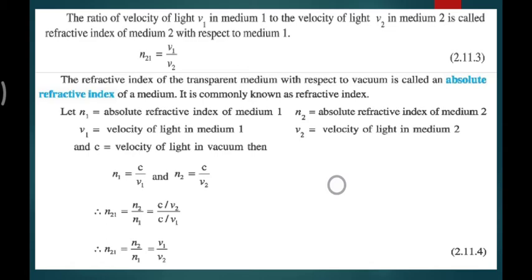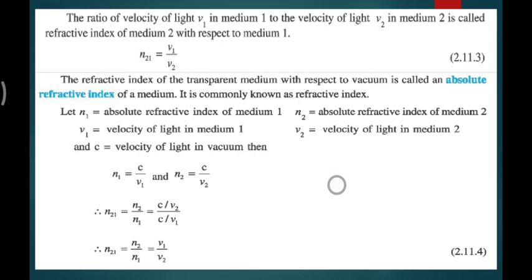The refractive index is a number associated with the medium that gives information about how dense it is, how much light can flow there, and how much light will bend.